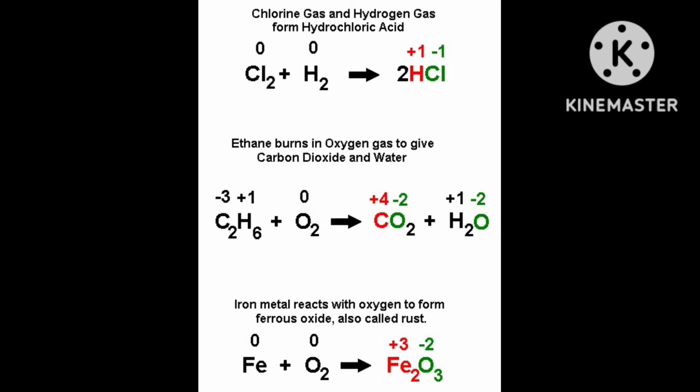Now you write the oxidation number atom-wise, on the left side and the right side, the reactant side and the product side. In KCl, K belongs to the alkali group, so it has +1 oxidation state.